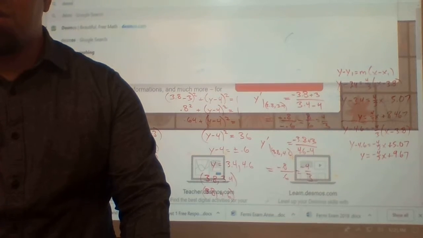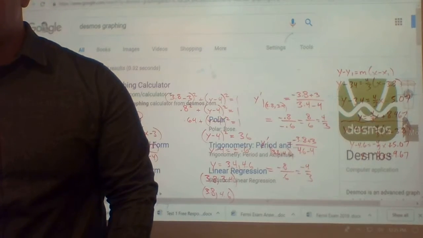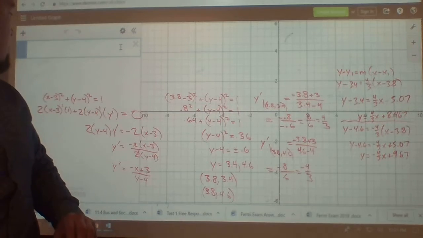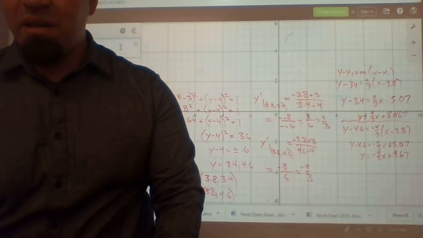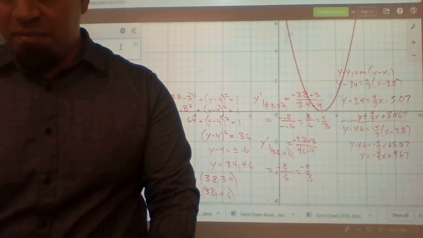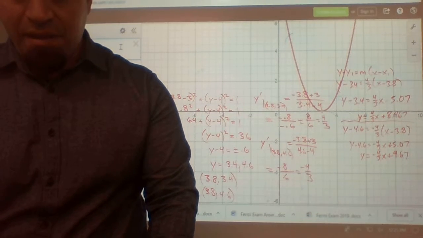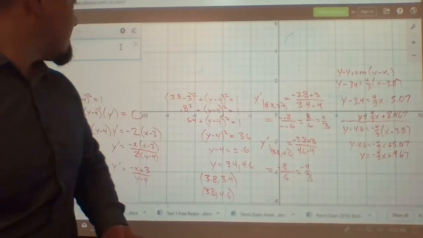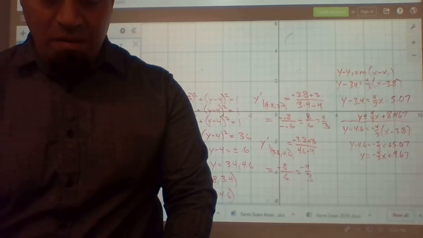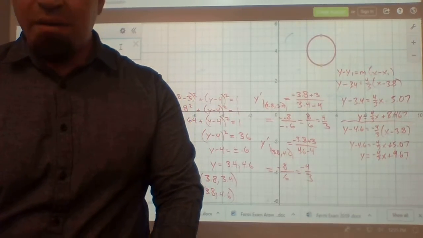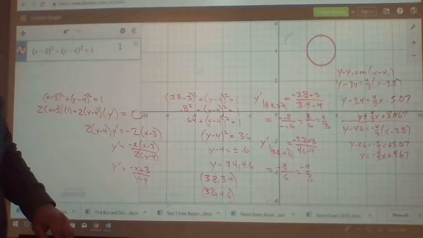I'm going to search Desmos graphing. Here I'm going to type in the original equation, which was x minus 3 squared. The nice thing about this is it graphs pretty much anything that you'd want to graph, plus y minus 4 squared, right? That was the original equation, equals 1. So that's what it looks like.